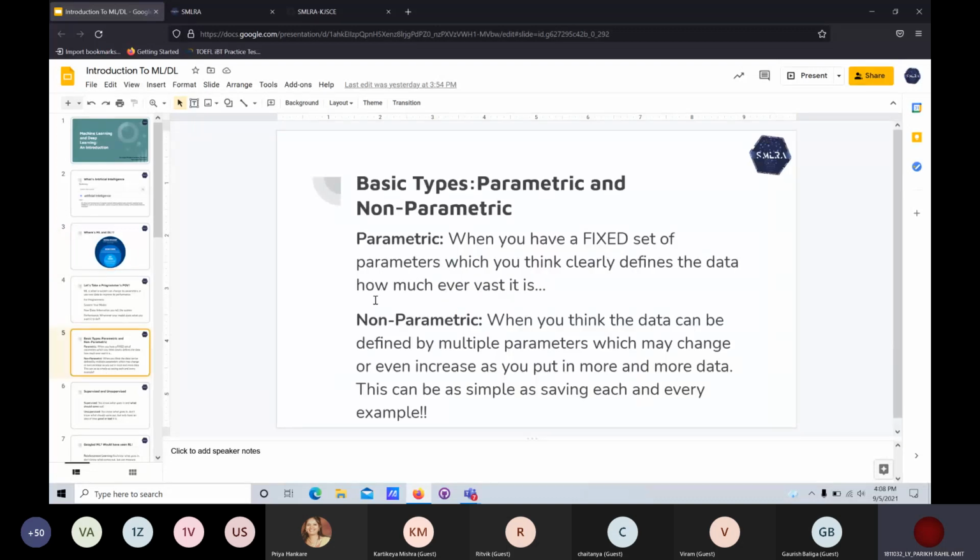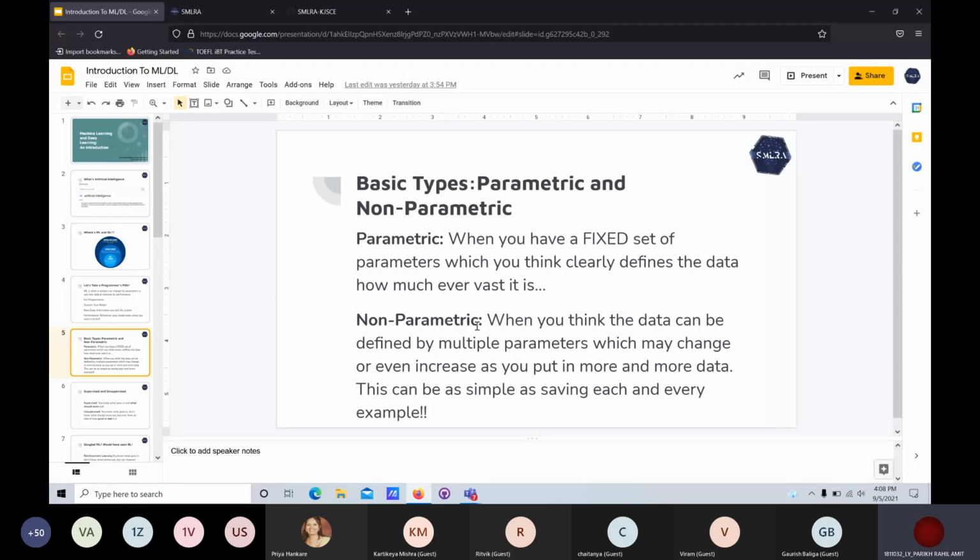Basically, there are two types for categorizing a model: parametric and non-parametric. Today we'll be covering both of these types of models. In parametric, there are fixed parameters as input, so a model over time would have only those fixed parameters. The parameters won't change over time. Even if the model is trained, it will accept only those input parameters.